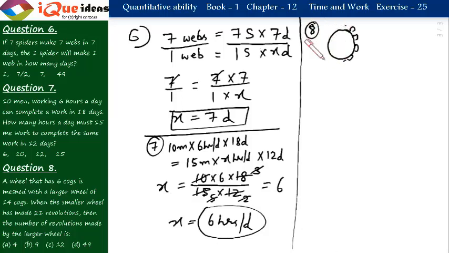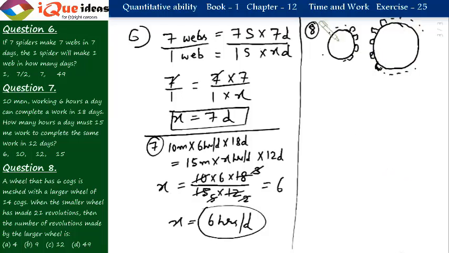Alright. So now when there are 2 wheels and they are working into each other, what will happen is the total number of cogs covered must be the same in the same time. Right? Total number, I repeat, total number of cogs covered must be the same. Now what does it mean?